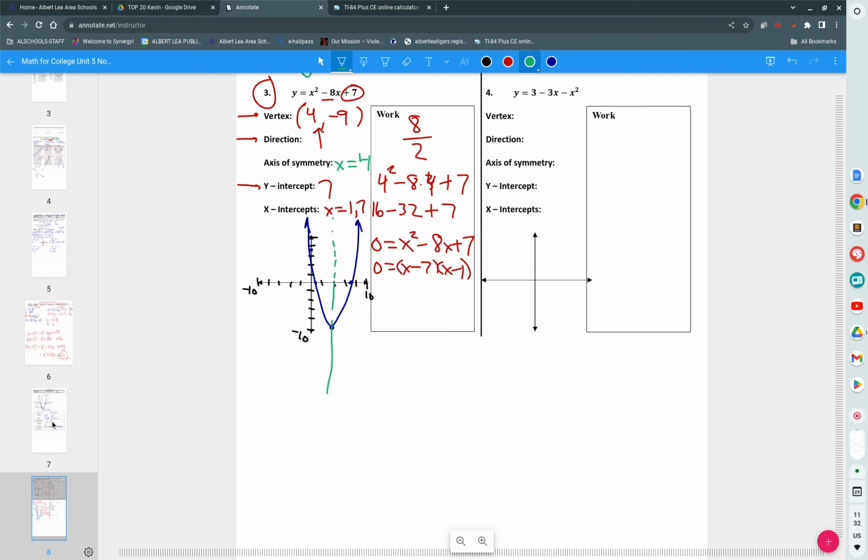Why are you drawing them down there? If that would change direction. How is it down? Up. Yes, that is up. Well, if that was down, then this would be upside down.